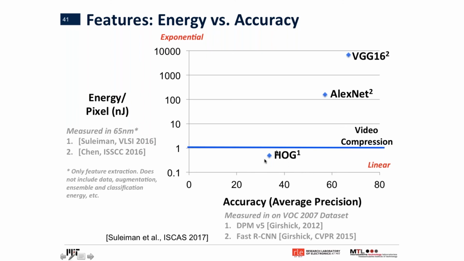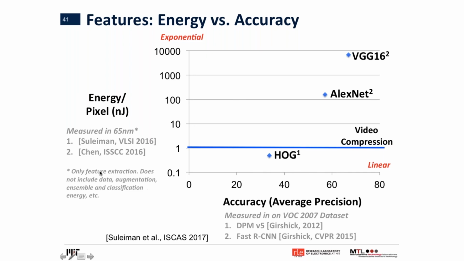So over 100x higher energy for AlexNet, and almost 10,000x energy in terms of VGG16. So despite the fact that we're increasing the accuracy, the energy cost is really substantial. And this is, of course, already comparing two pieces of custom hardware in this particular example on the same process technology.